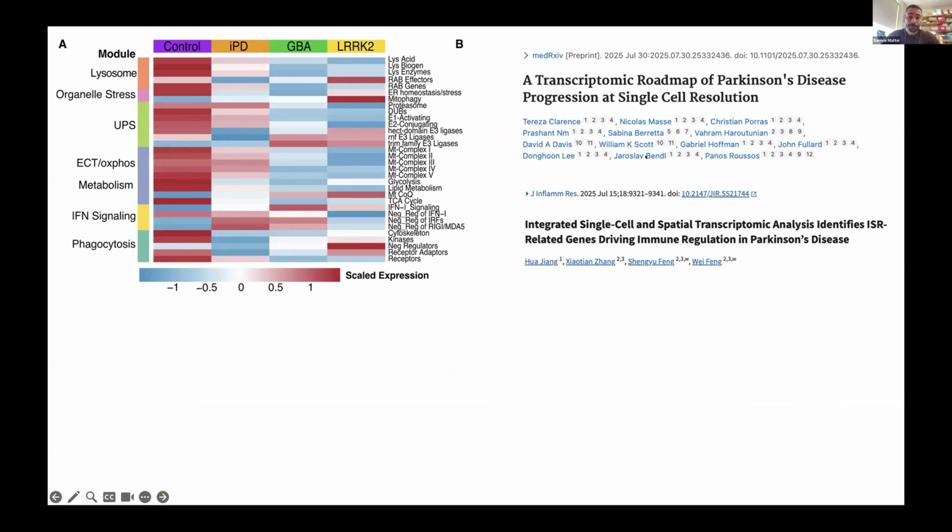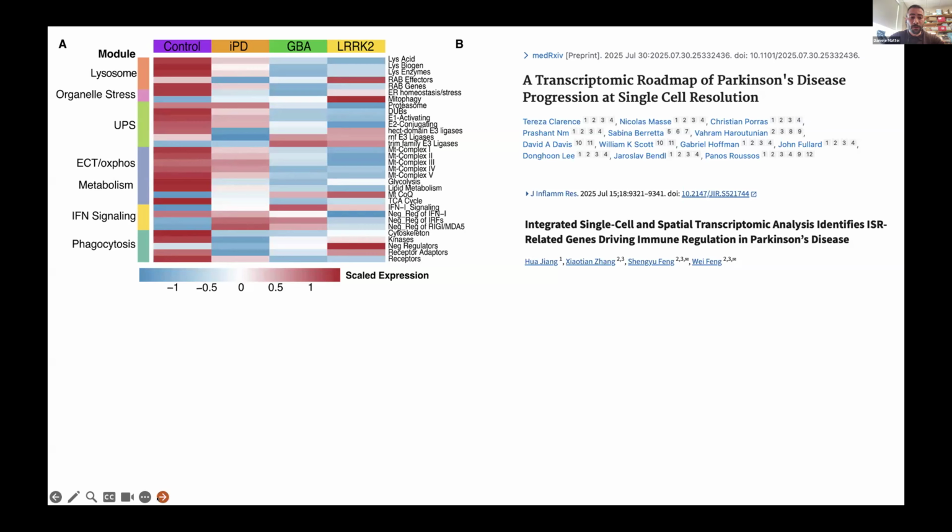So recent transcriptional analysis from human postmortem tissue reveals that these transcriptional signs of integrated stress response and organelle stress, including mitochondrial and endoplasmic reticulum stress, are present also in microglia from at least sporadic PD cases. So it seems like the GBA1 mutation, as well as LRRK2, intensifies this signature.